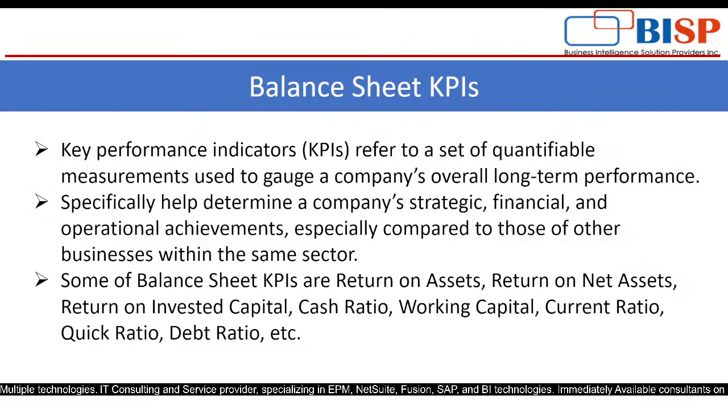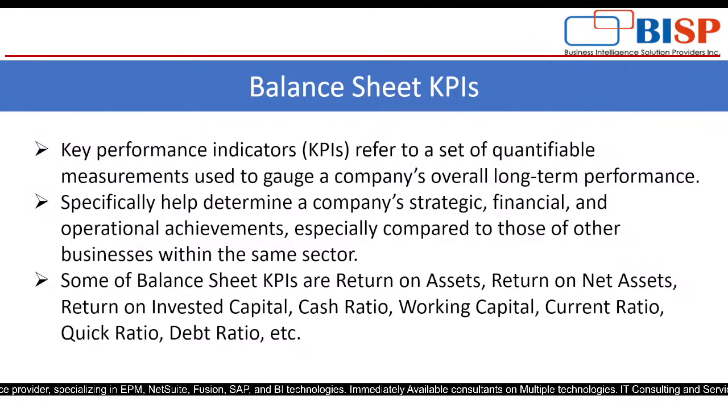So first of all, let us understand what key performance indicators are. Key performance indicators refers to a set of quantifiable measurements used to gauge a company's overall long-term performance. Specifically, it helps determine a company's strategic, financial, and operational achievements, especially compared to those of the other businesses within the same sector.